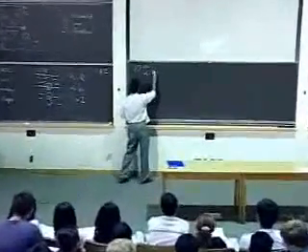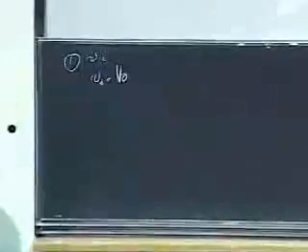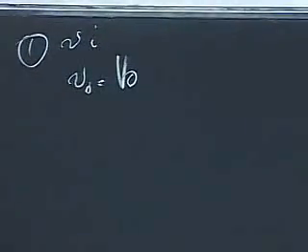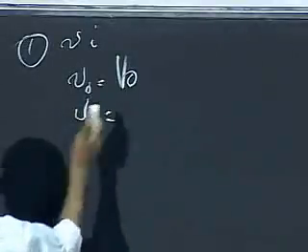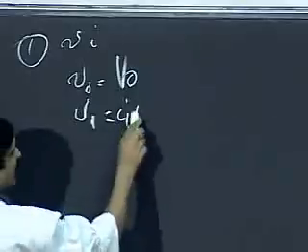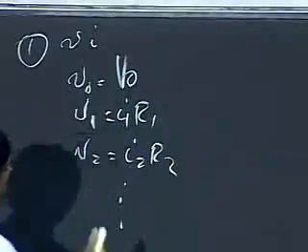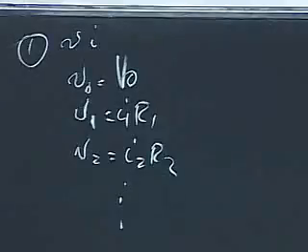Okay, good. So V0 is capital V0. That is, the variable V0 is simply equal to the voltage V0. Similarly, I can write the others. V1 is I1 R1. V2 is I2 R2, and so on. And I have 1, 2, 3, 4, 5, 6 elements, so I will get 6 such equations.